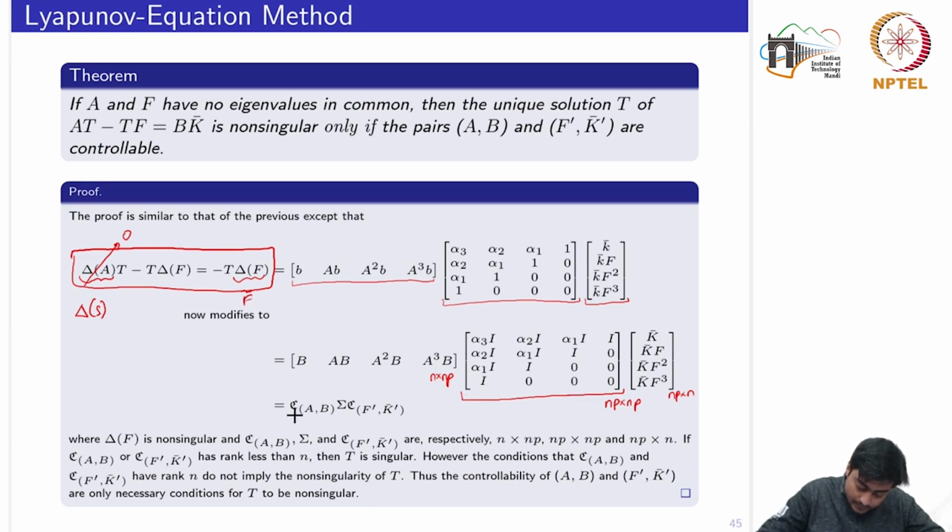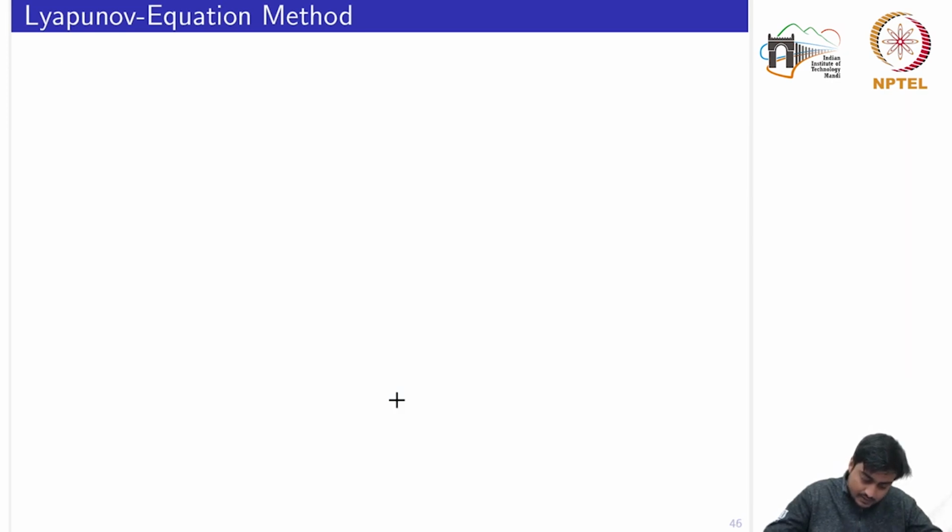Now if this has full rank, this is a square matrix and this is also a full rank matrix, then we cannot ensure that the matrix T would still be a non-singular matrix. But if the matrix T is a non-singular matrix, we can ensure that all these matrices would be of full rank. We can see one example also.